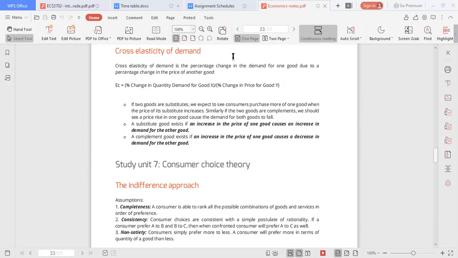There are multiple choice questions. So I'm sending them to you on WhatsApp, so that you can take a look at them.